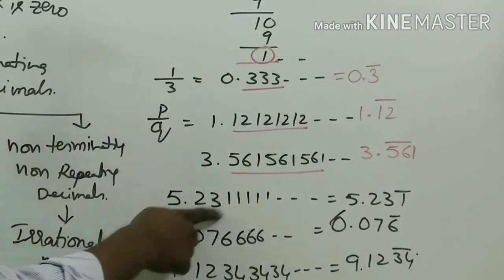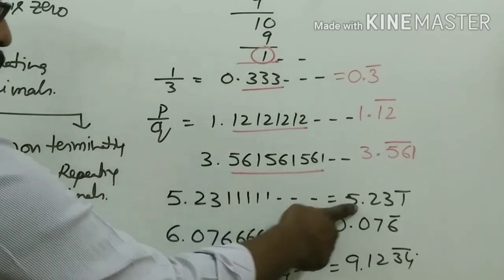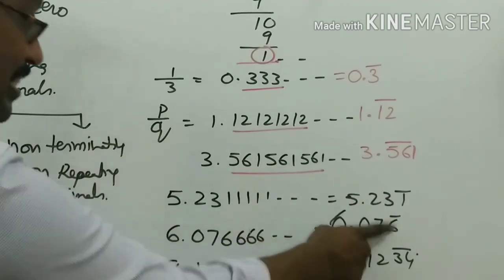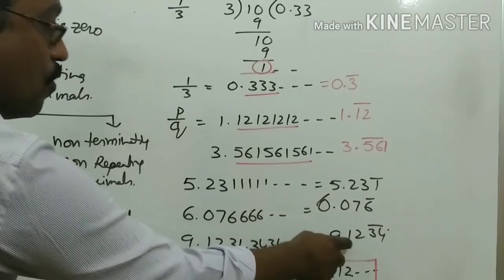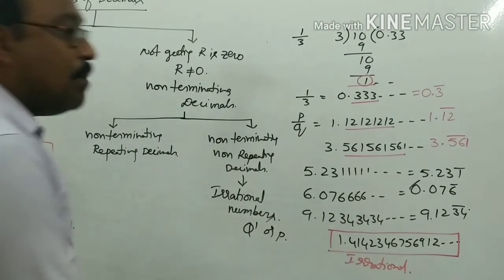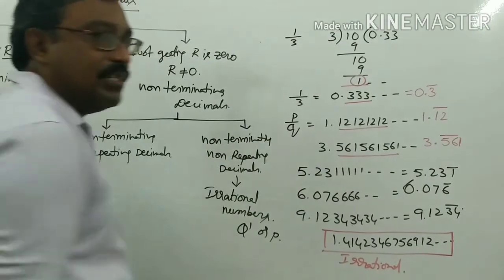Here, in 5.231, only 1 is repeating and 2 3 is not. In 6.076, only 6 is repeating. In 9.1234, 1 2 is not repeating, only 3 4 is repeating. So here some are repeating and some are not, and in the others everything is repeating.